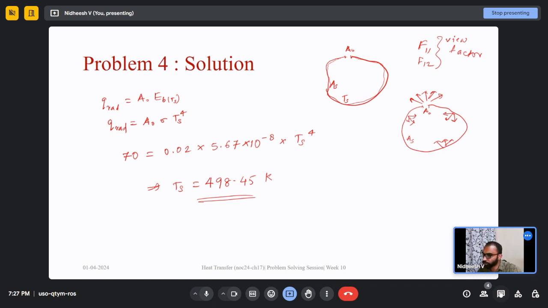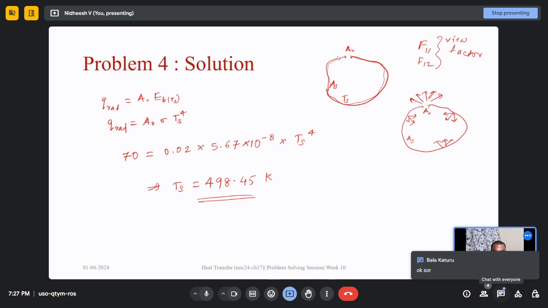Is that okay? Is this part, view factor, already taught in lectures?